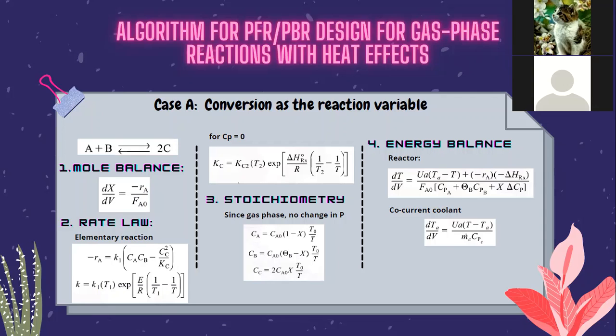And then the last step is to find the energy balance, which in the reactor we are using this formula dT/dV. And then for the coolant, we are using this dTa/dV, as what I already explained earlier.